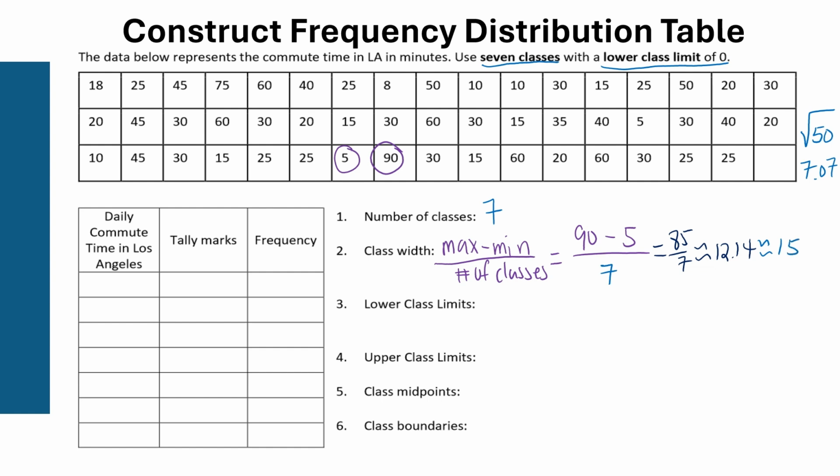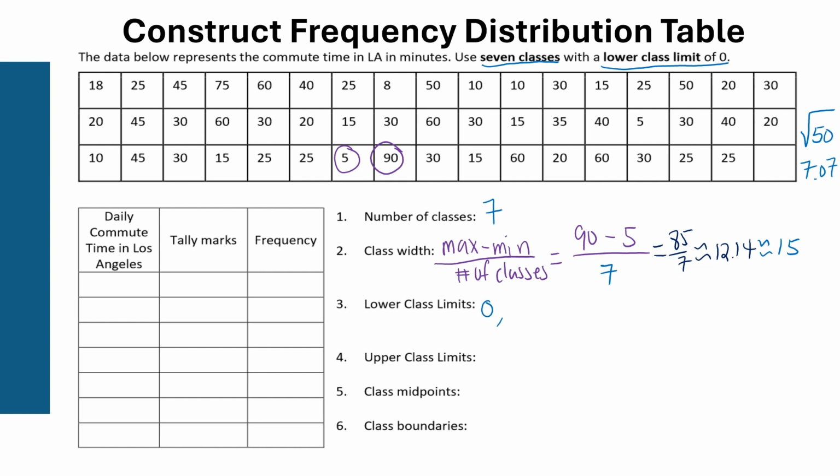Now we're going to use our class width to help us find lower class limits. It tells us that we need to start with a lower class limit of 0. If it's not given to you, then usually we use the minimum value as our lower class limit. To find our next lower class limit, you add 15 each time.